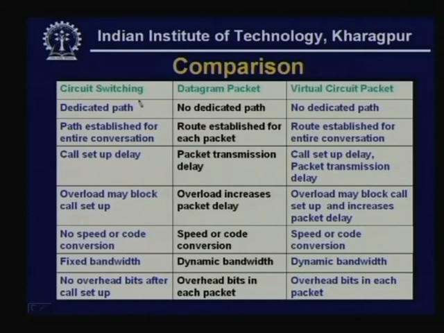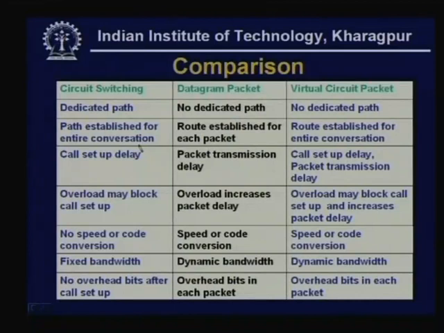In circuit switching, the path is established for the entire conversation. Just like your telephone network, whenever we dial and get the destination receiver successfully, the link is established, and for the entire conversation the link remains established whether somebody talks or not.